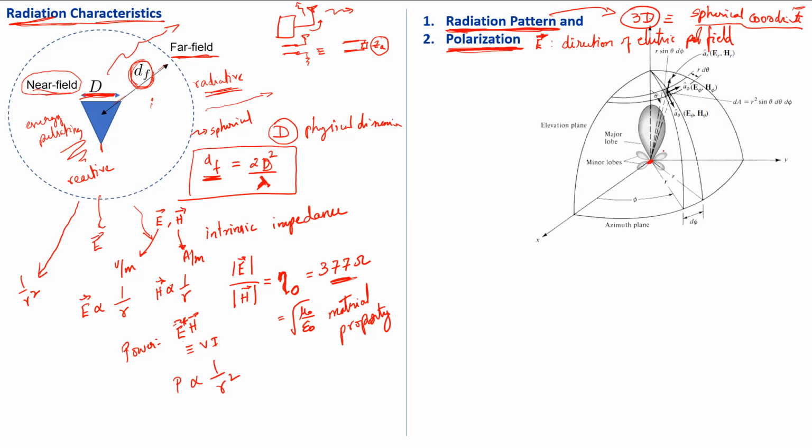Meaning that if you have an antenna here, radiating up maybe, then we need to look at how it is going to radiate in that three-dimensional space. That is called the radiation pattern of the antenna. And instead of looking at the electric or the magnetic fields, we are looking at the power. So what we are looking at is the power pattern.